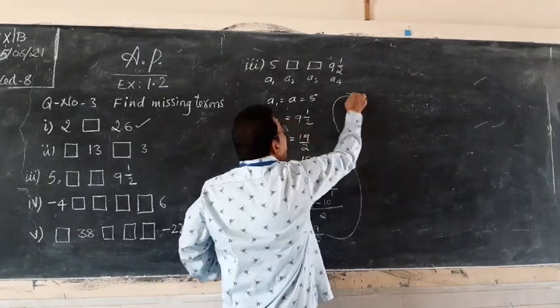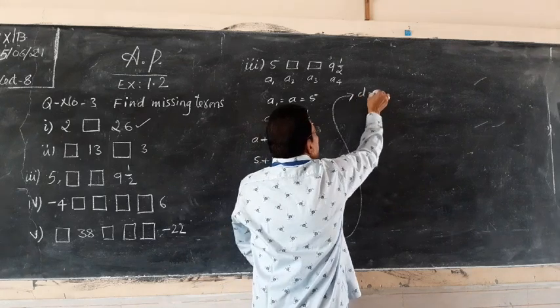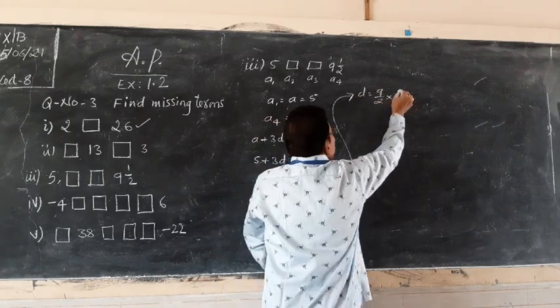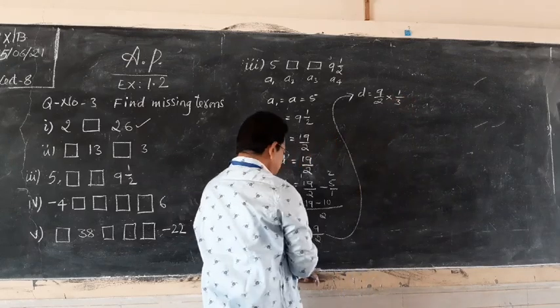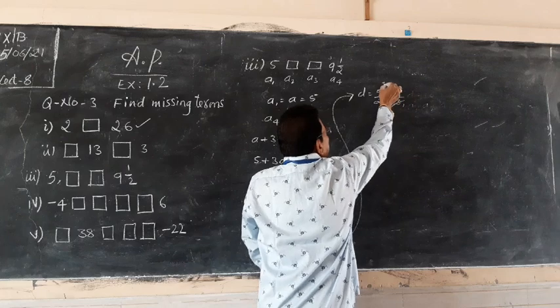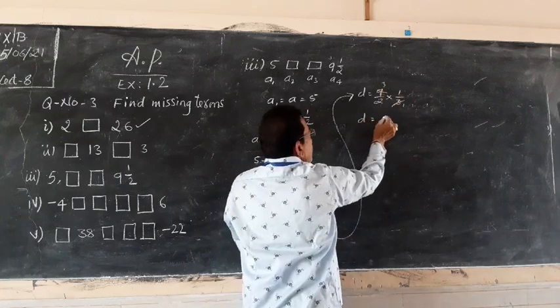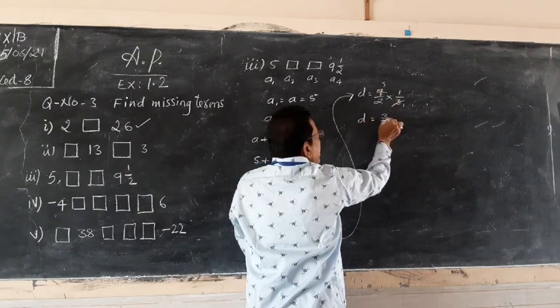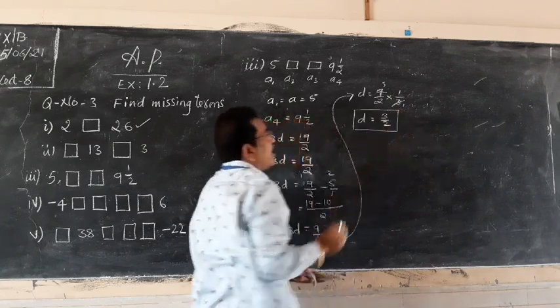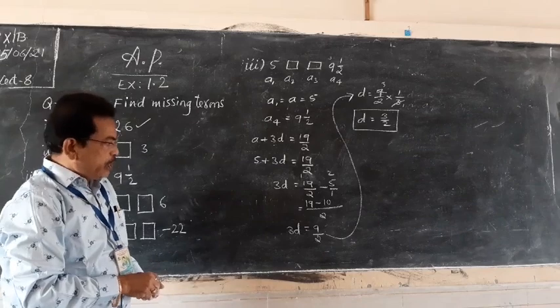Then d equals 9 by 2 into 1 by 3. 3 transferred becomes 1 by 3. 3 ones are 3, 3 threes are 9. d equals 3 by 2.